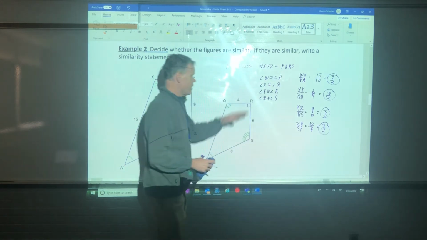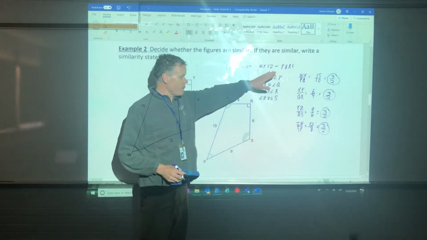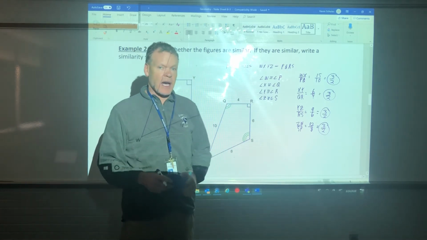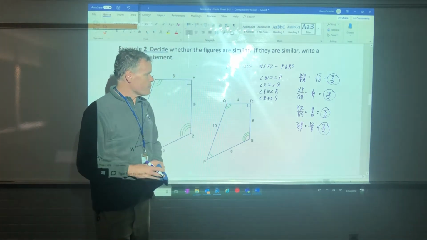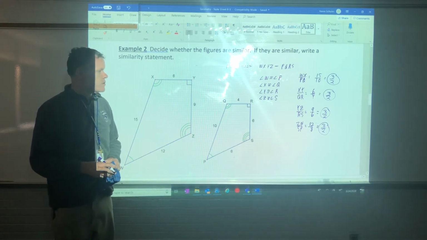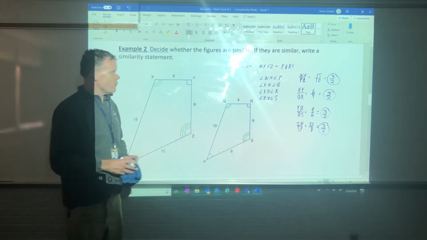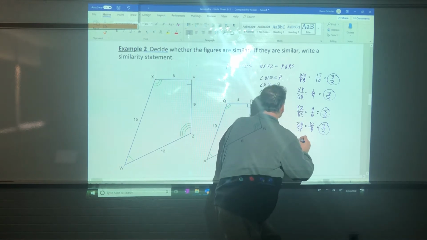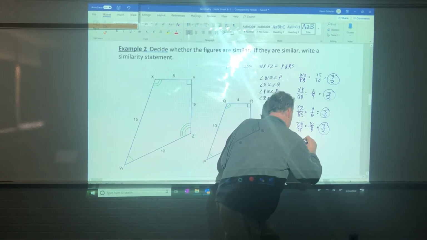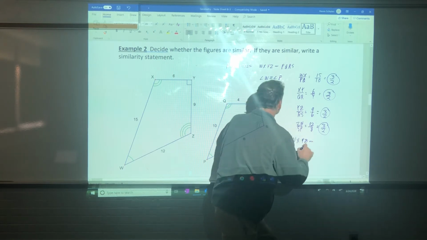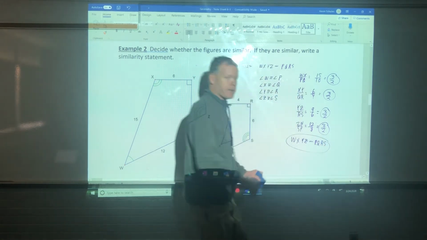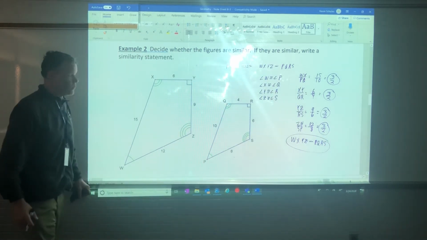So we're good. We've got all congruent angles, and all of the sides are in proportion. Because of that, we've proven that WXYZ is similar to PQRS. So that is example number 2.